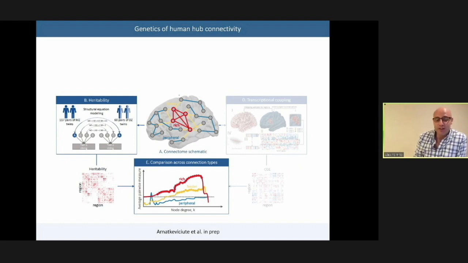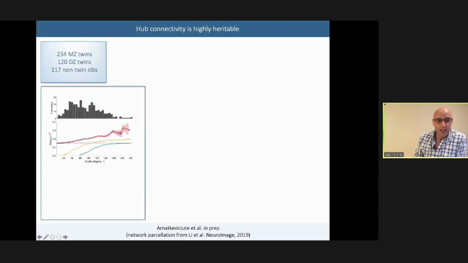These models allow us to estimate the degree to which genes and environment explain individual differences in connectivity strength. We estimate connectivity strength using mean tracked FA, but we get similar results if we use streamline count. And so we generate these estimates of genetic and environmental influences and look at how they differ across our link classes. And so this is what the results look like.